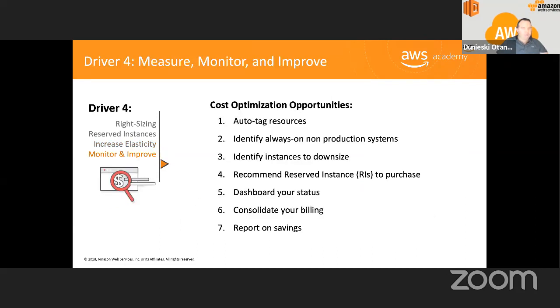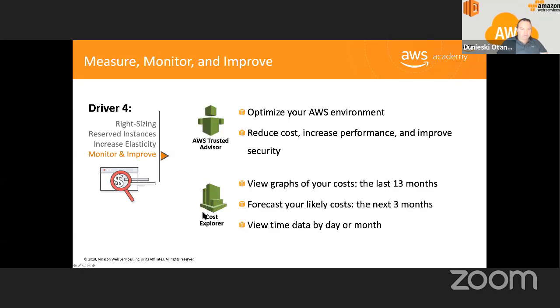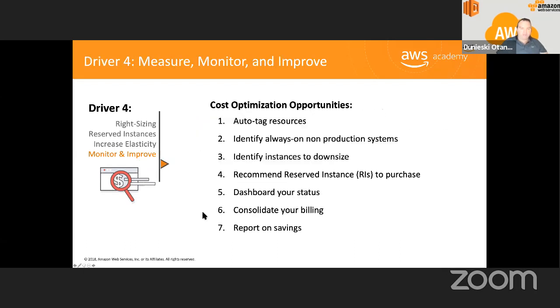Now, cost optimization. So auto tag resources, very important. We haven't tagged any resources, but tagging is essential and crucial to save money. Why? Because you can find resources by tag really quickly and save money.